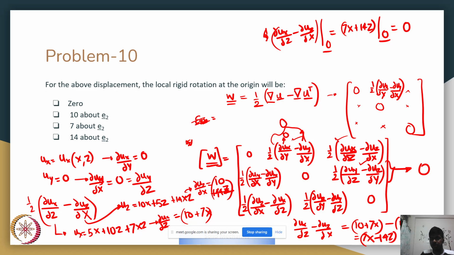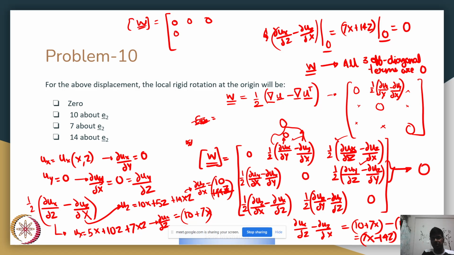So all three off-diagonal terms in your local rigid rotation are 0, and hence your matrix is nothing but a zero matrix at the origin. At the origin, that is important, not everywhere.